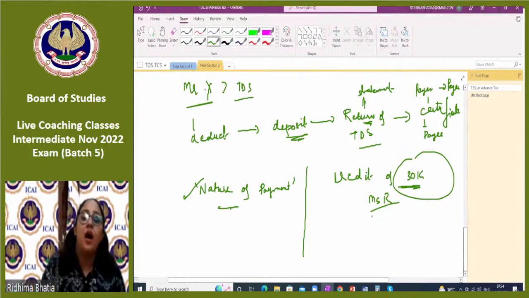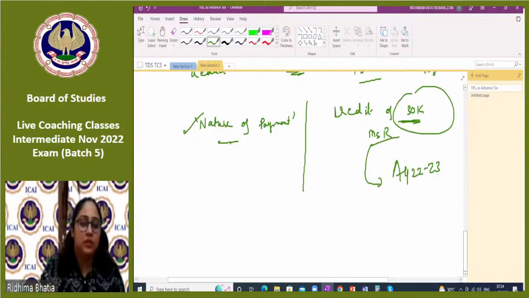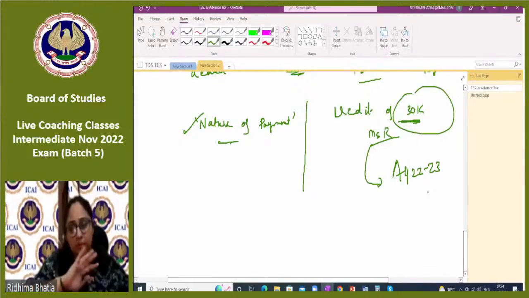Now, when Miss R files her return in assessment year 22-23, she can take the benefit of this 30,000 while filing the return. Suppose the tax liability of Miss R on her total income, including this rent of 3 lakhs, comes to 2 lakhs rupees.